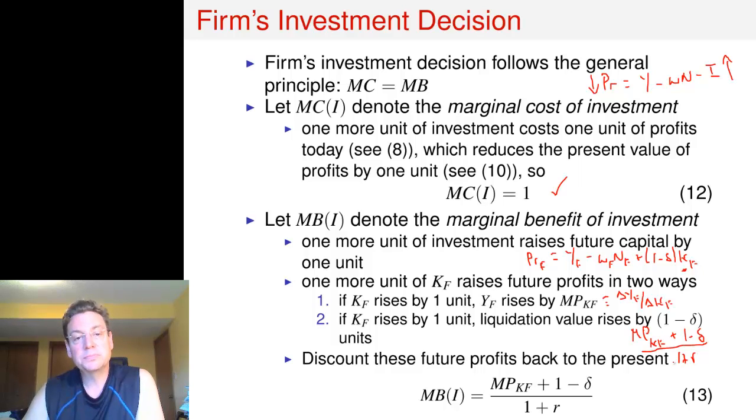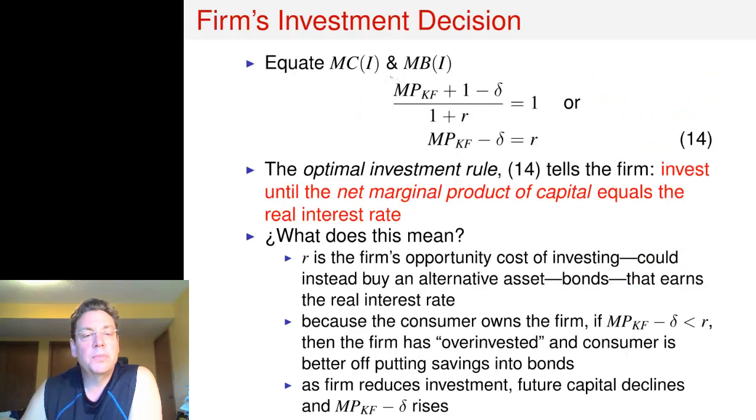So the standard rule for a firm that's maximizing profits is that the firm will invest up to the point where the marginal benefit, which is this whole left-hand side, equals the marginal cost, which is the right-hand side.